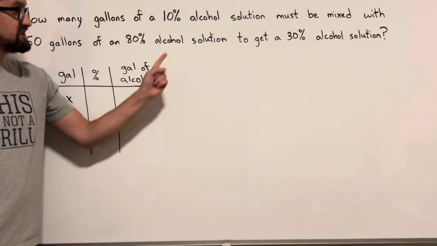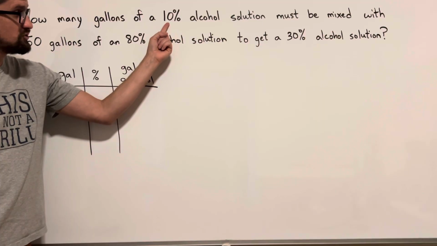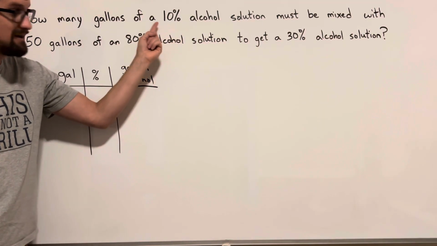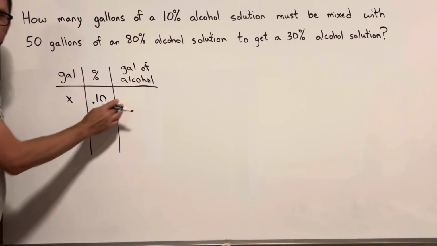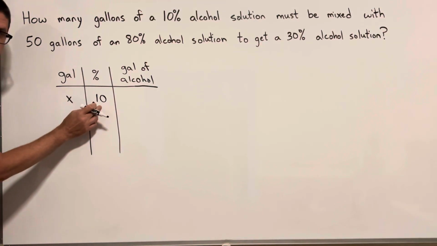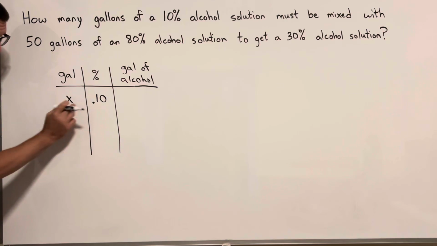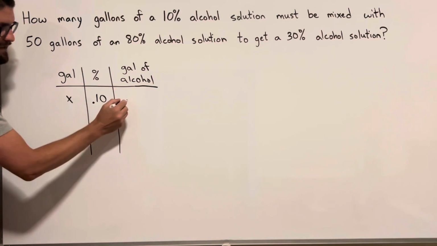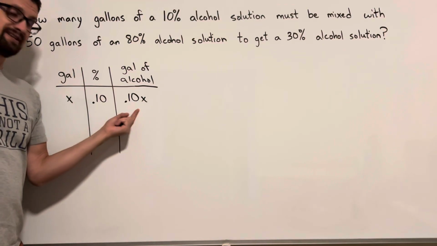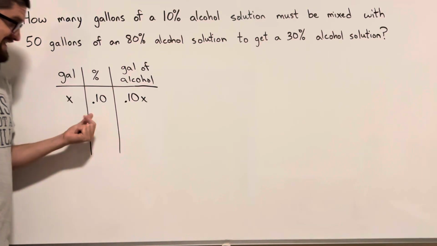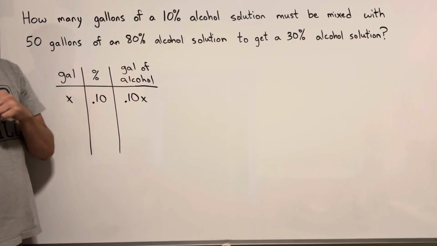I'm going to change the percent to a decimal by moving the decimal 2 spots to the left, making it 0.10. And then to figure out the number of gallons of alcohol in there, I'm going to do 10% of X, which is multiply, so 0.10 times X. This will represent the number of gallons of alcohol in the first container.